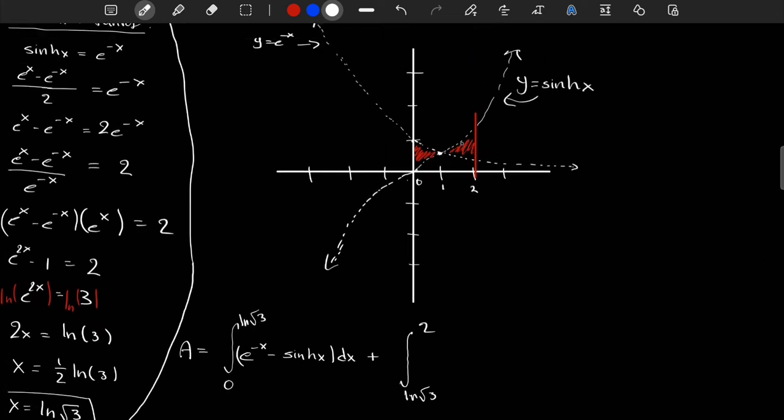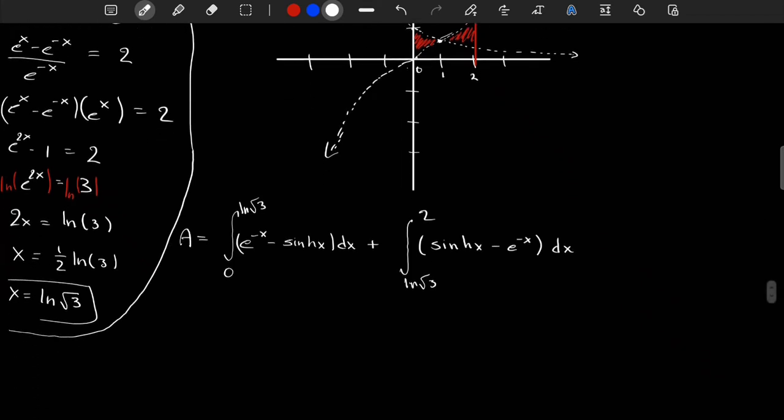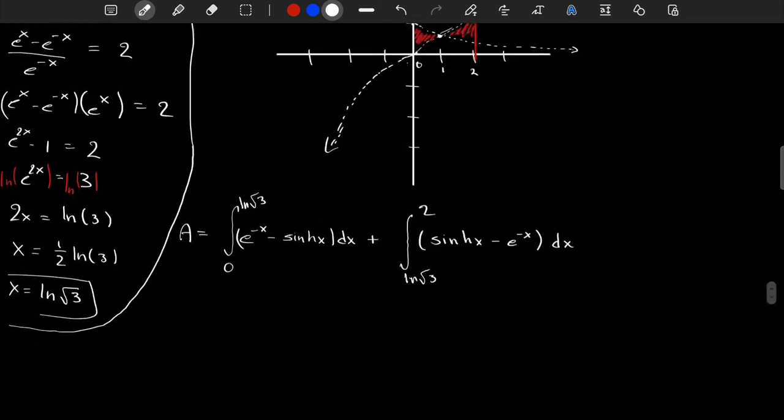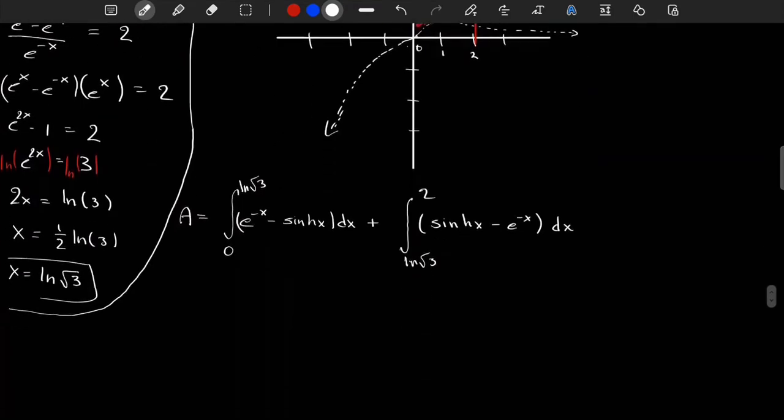And that's going to be the top curve minus the bottom curve. So it's going to be sine minus e to the negative x with respect to x. Okay.